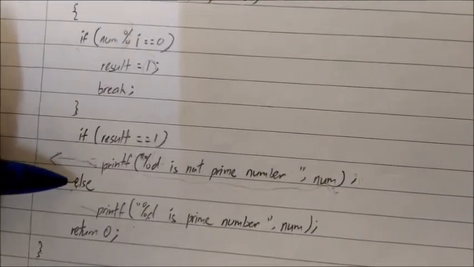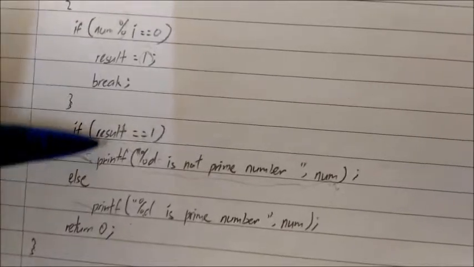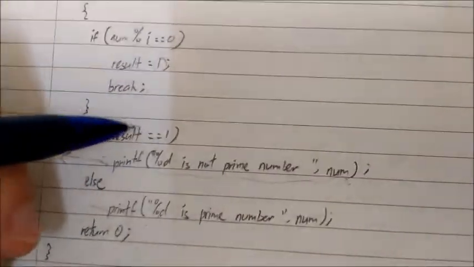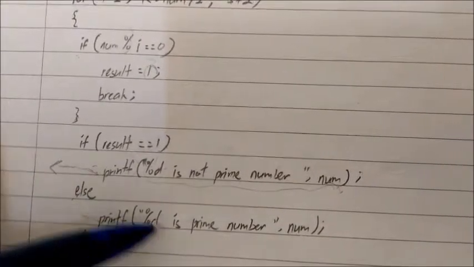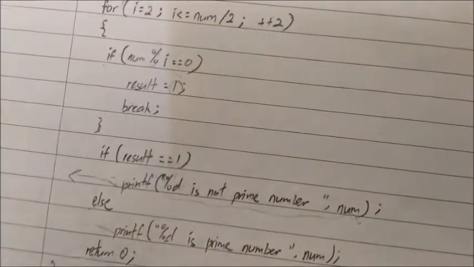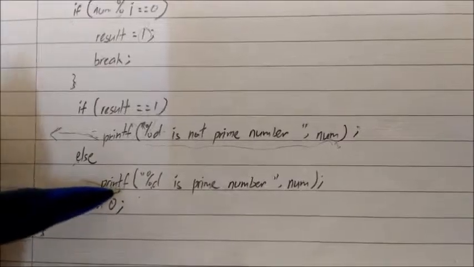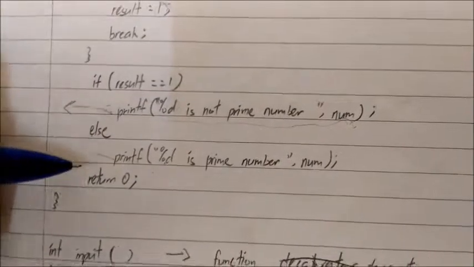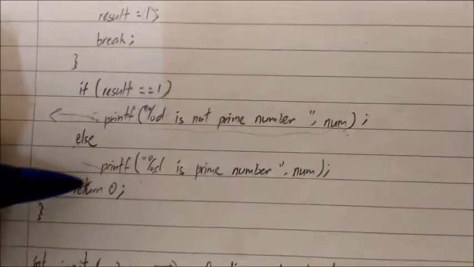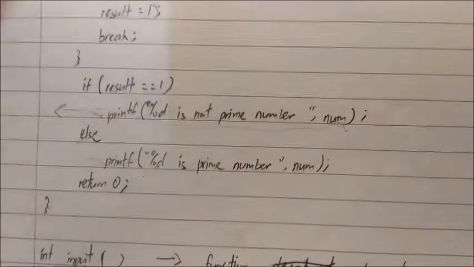So, else if result is not equal to 1, so the number is a prime number. This statement will also display in the output. So in this we put return 0 semicolon.